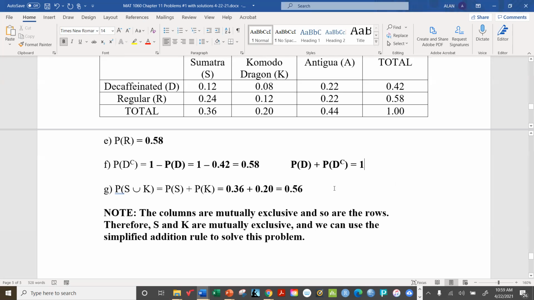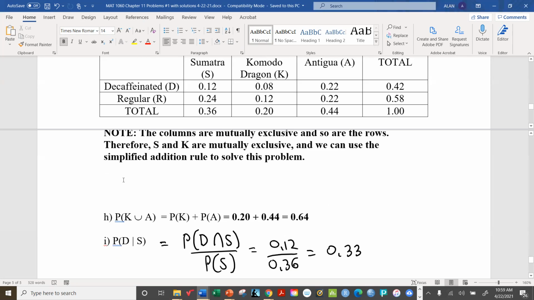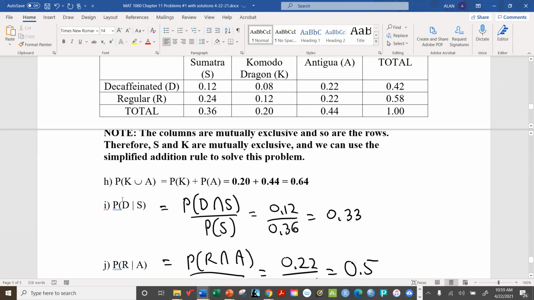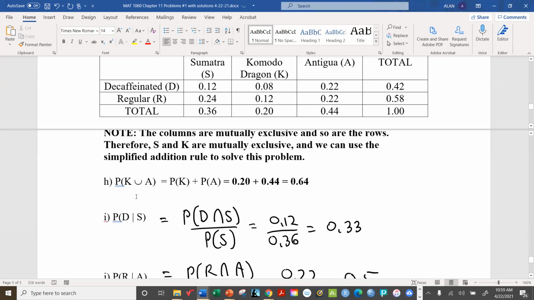Anyway, so we've got a couple more of these. How about K union A? That means either Komodo dragon or Antigua. So just like before, we can literally just add up those two.